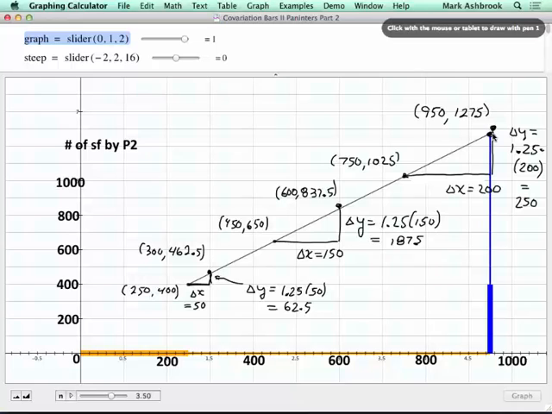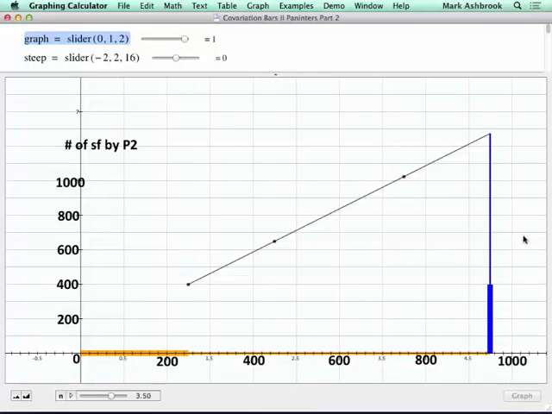Okay, so now we're going to repeat the same process. Let's start from this point. What were the coordinates of this point? 450 and 650. So here, in my experience teaching both pre-calc and calc, this next thing I'm about to do is very difficult to get to stick with students.